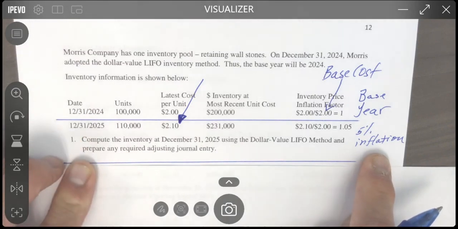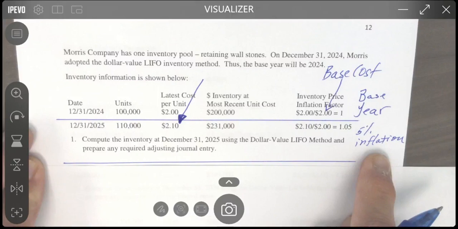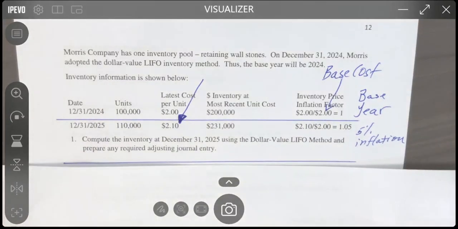All right, and our job now is to do the accounting and apply dollar value LIFO to determine the ending inventory under LIFO and any required LIFO reserve calculation. So at this point, look back, review your reading, and maybe review the case in the book and give 2025 a shot.